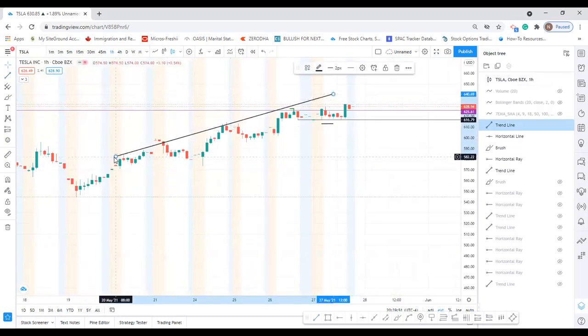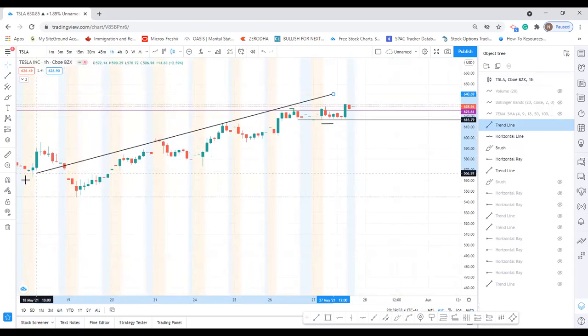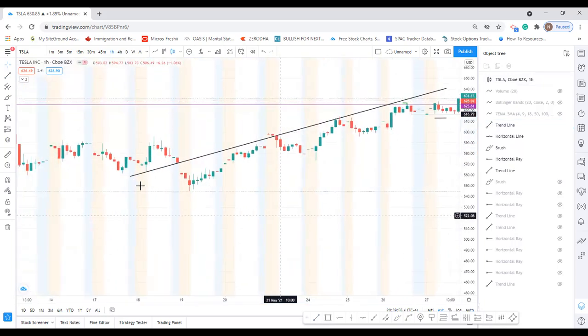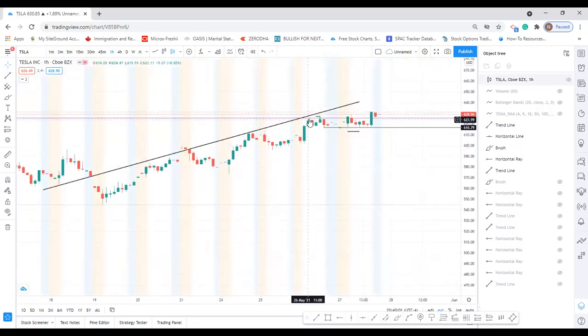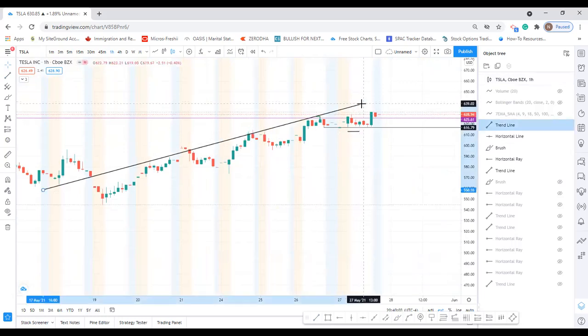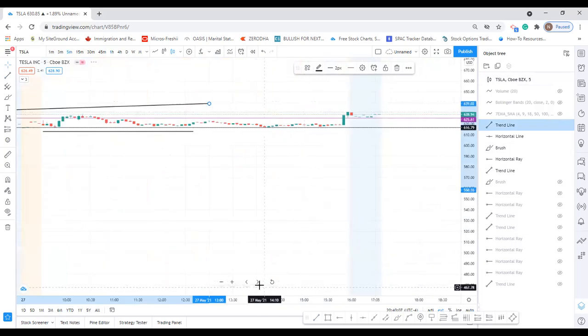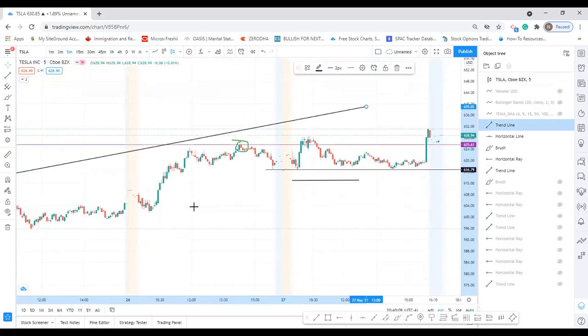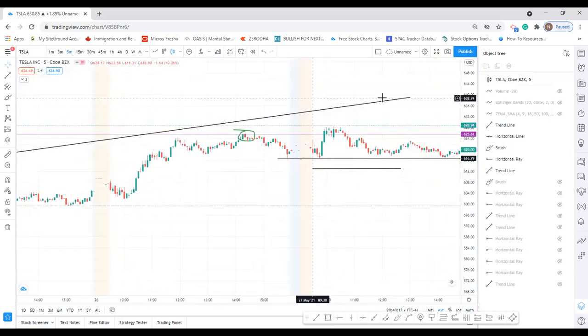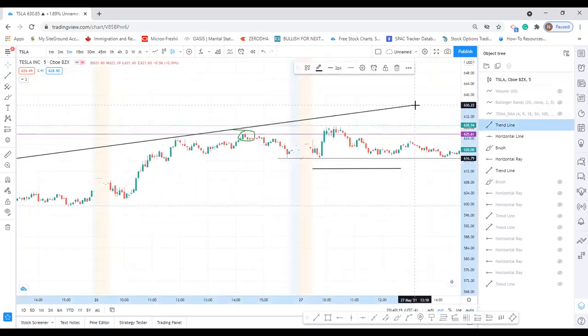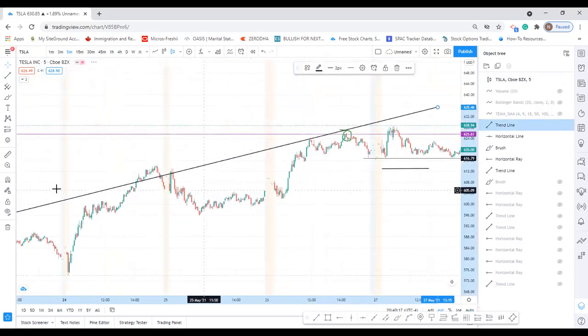If I want to draw the trend line, this was the support, a breakdown happened, and now it is the resistance. Let's make it nicer and go to the 5-minute chart. Because we are doing the 5 minutes, we need an adjustment.